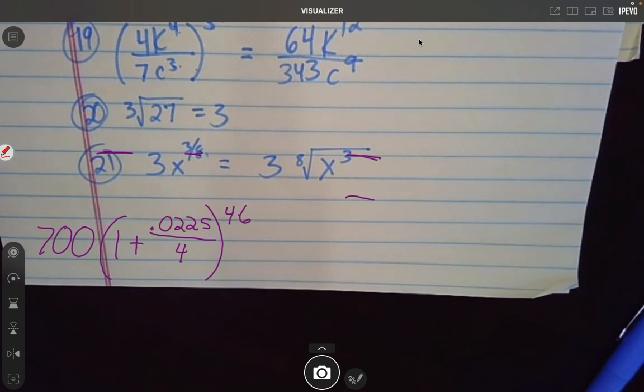I think, let me see real quick on 25. Yeah, I think that's a little bit easier to tell. Okay, sorry, so 25 and then 26 and 28.